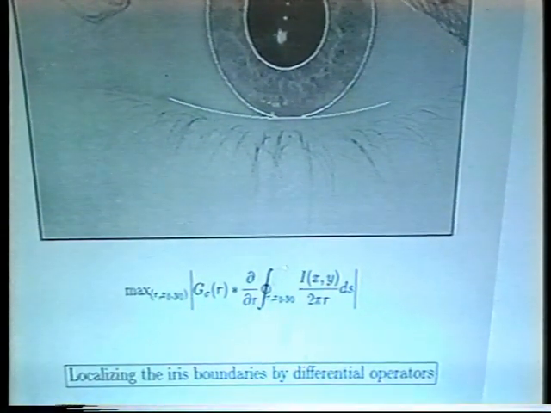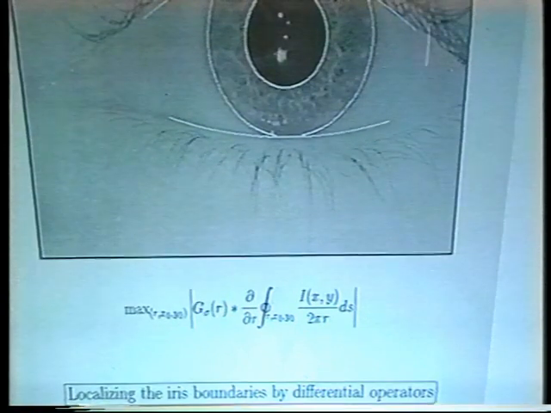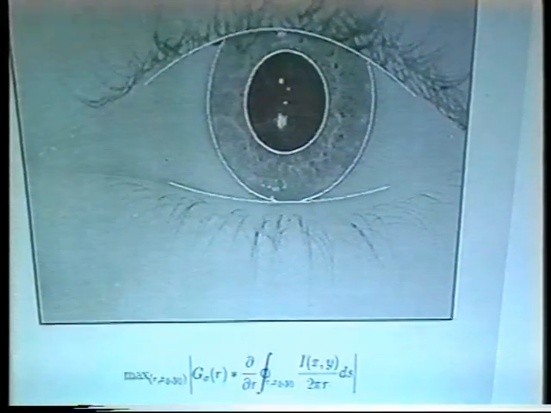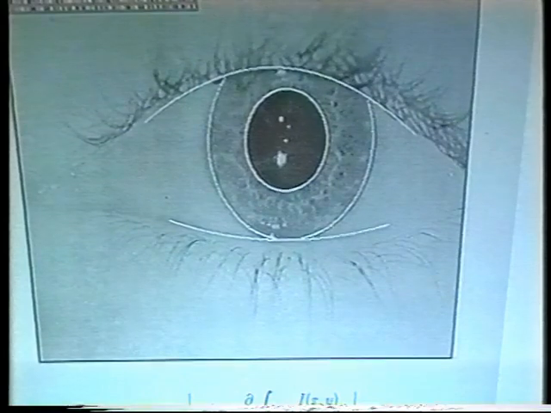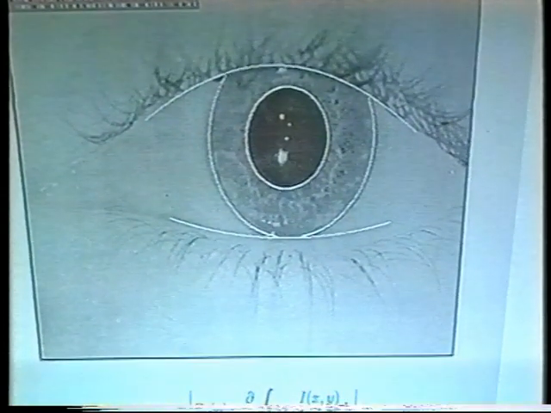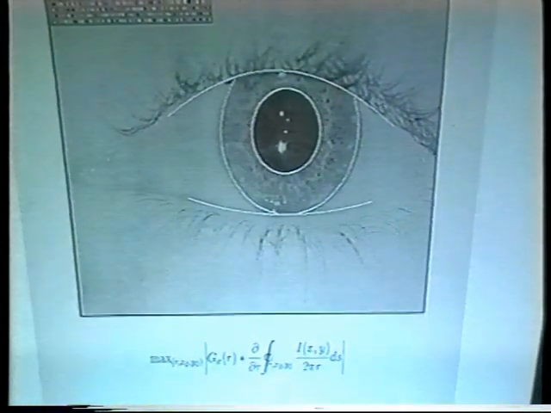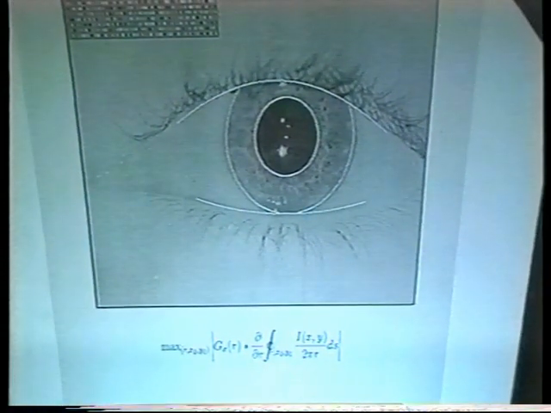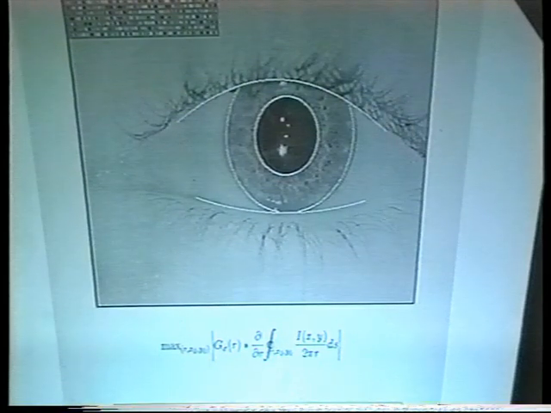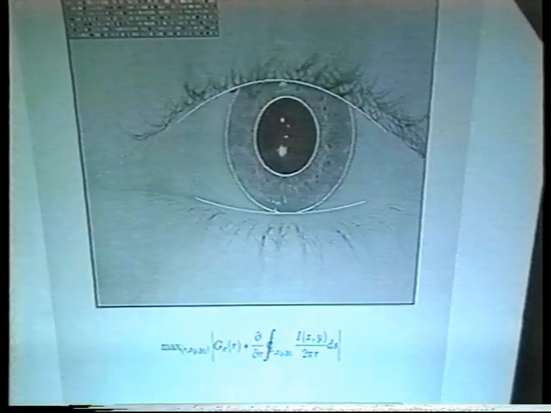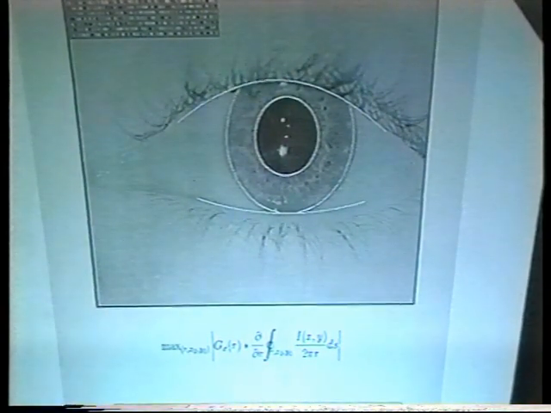What you see here is a contour integral being computed, the integral of luminance of the image around some contour, which is parameterized by the 3 parameters of a circle: center coordinates and radius. And we wish to take the derivative of that integral as a function of radius, smoothing it with some smoothing function G, and look for the maximum of that operation. That's really a circular edge detector, in English. The derivative is large where there's a transition, a large change in the image.